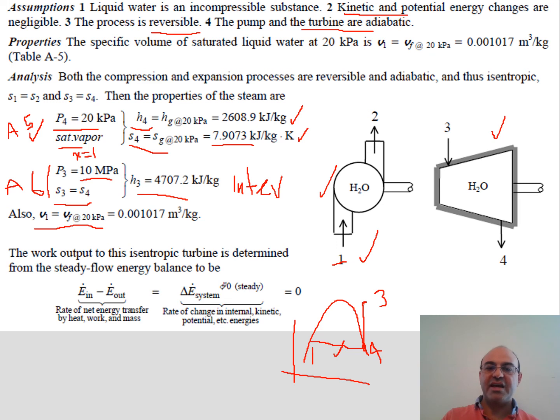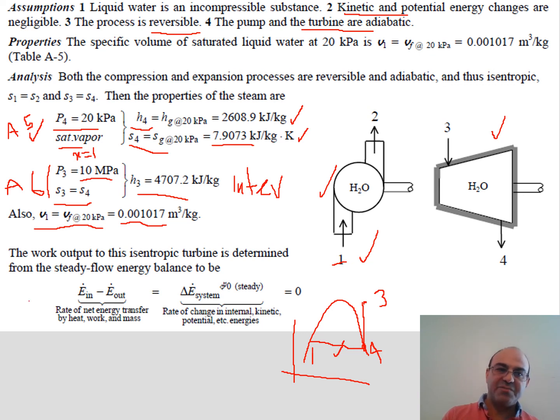So V1, the specific volume of the water at the inlet to the pump, which is the reciprocal of the density of water, is known. It's almost 1000 kilogram per cubic meter density of water. So that's all we can find based on the given information. So let's see if with this given information we can find the pump work and turbine work.